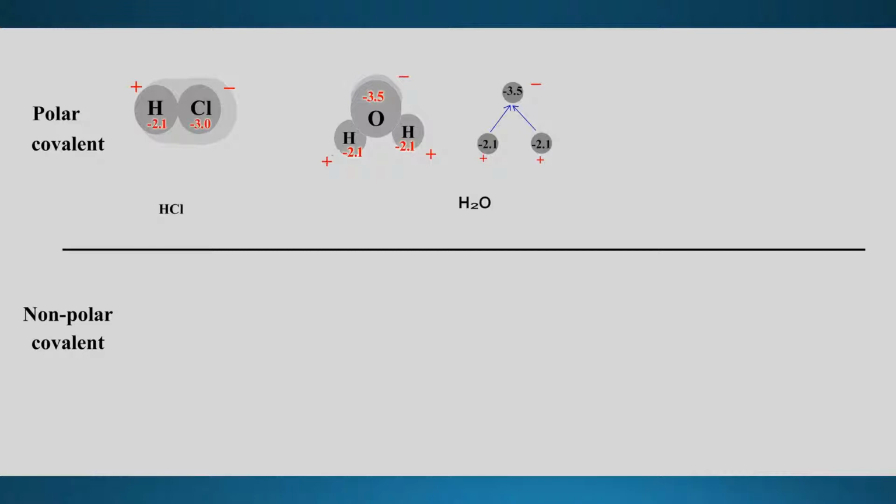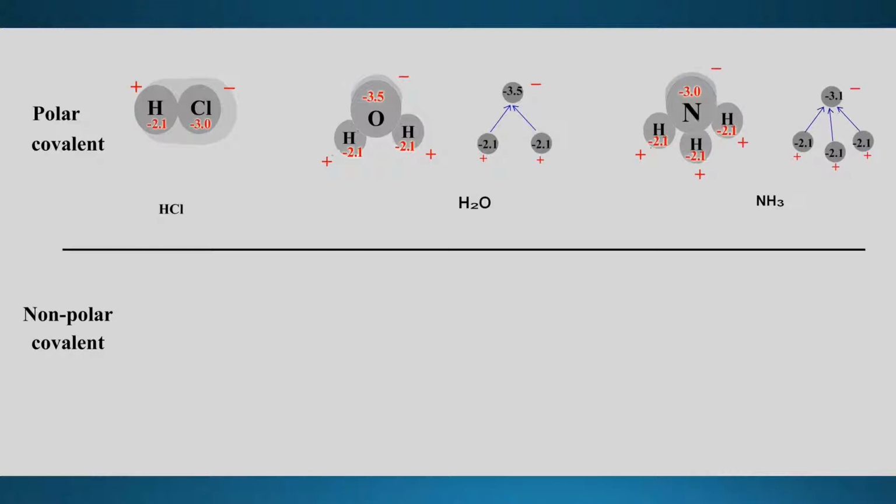The electron will distribute more on the O side because O is 3.5, so O becomes more negative. So electrons are unevenly distributed. Plus, water is a V-shaped molecule. So this uneven electron distribution makes oxygen more negative and hydrogen more positive in a V shape. So it is a polar covalent.